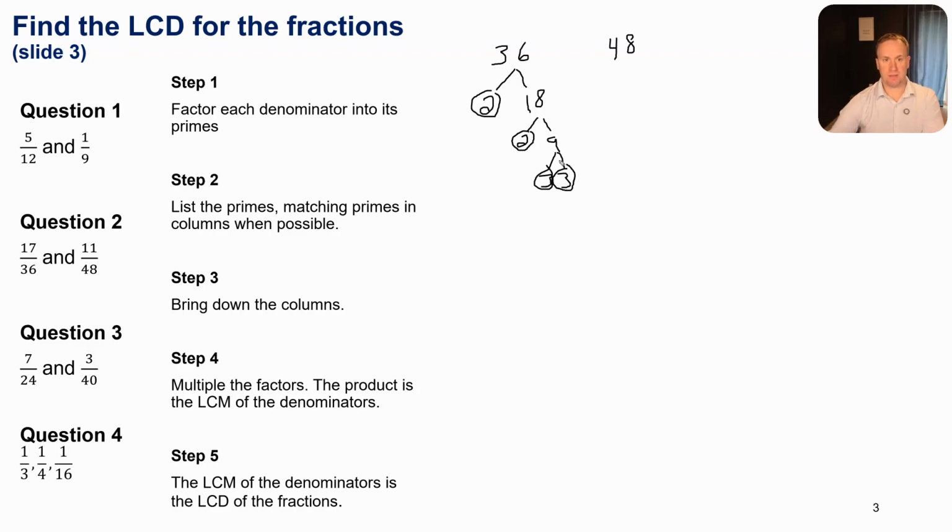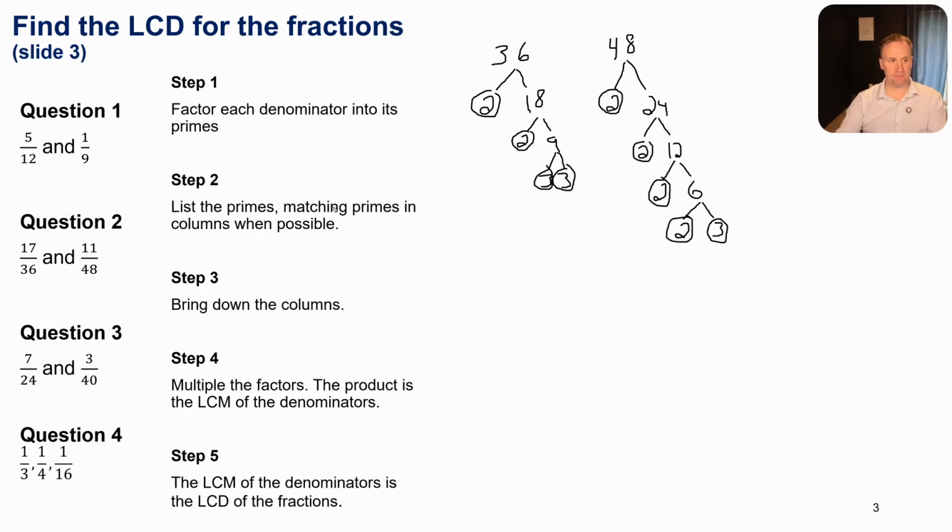So that is the first prime factorization then for 36. 48, we can break this down into 2 and 24. 24 can be broken down into 2 and 12. 12 can be broken down into 2 and 6. And then 6 can be broken down into 2 and 3. So 48 definitely has a lot longer list here.